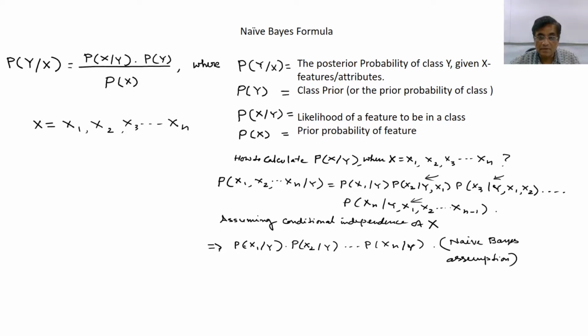This is called the naive Bayes assumption, that the features are conditionally independent. Then the probability of occurring these features given a class equals the probability of feature x1 belonging to a class y, times feature x2 belonging to a class y, and so on up to the probability of feature xn belonging to class y, and this could be modeled. This is actually called the naive Bayes assumption.